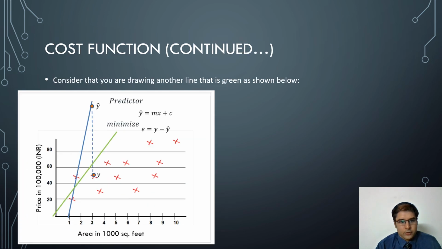Now consider that you draw another line, the green one shown below. This will reduce the error, as the new y cap here is nearer to the actual y. So this reduces error and fits more points.